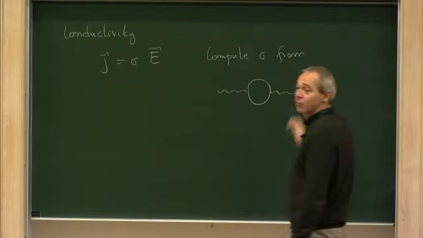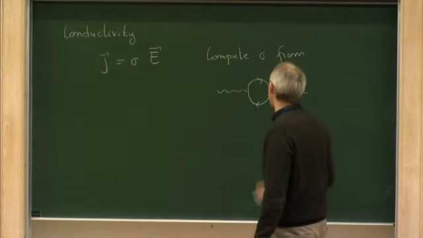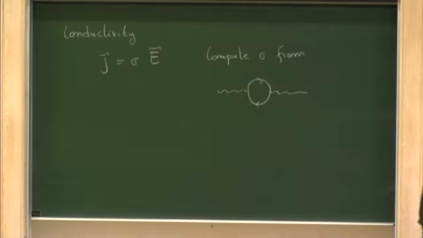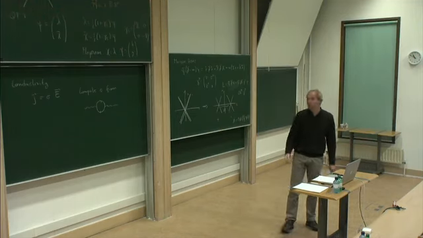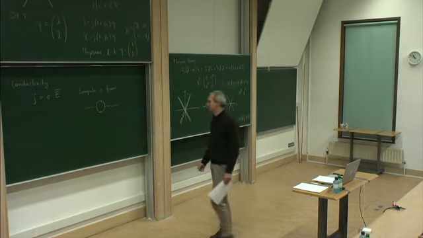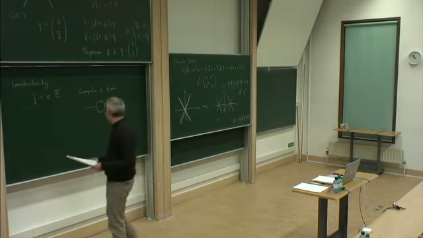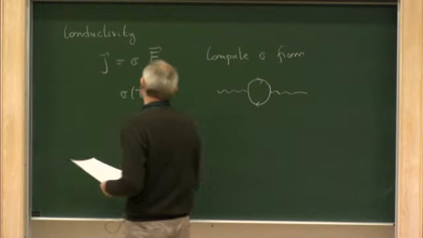This is an external electric field. You let a Weyl fermion propagate in the loop, and this gives you the polarization tensor. From the polarization tensor, you use Kubo's theory, and you can compute the conductivity from that. This gives sigma as a function of temperature and omega.